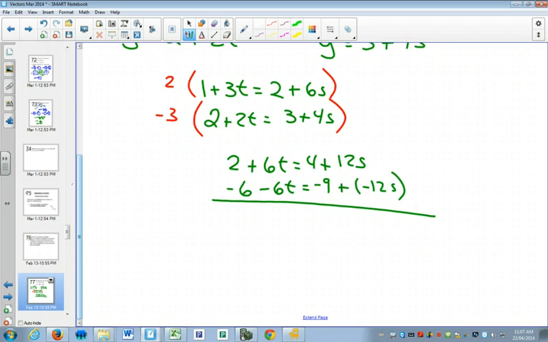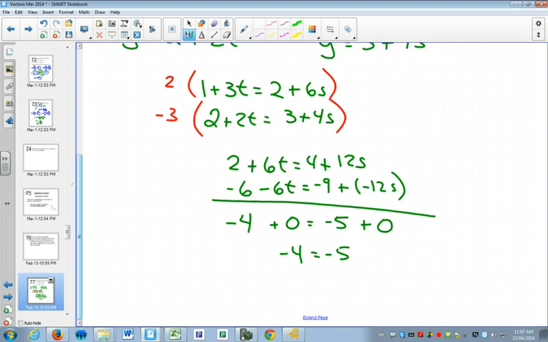Now, when we add the equations, 2 plus -6 is -4. Ooh, the t's disappear as well, because 6t minus 6t is 0, and the s's disappeared like we wanted to. And so we get a very beautiful statement that says that -4 is equal to -5. Okay, and this is where, if you were doing this question and hadn't seen these before, you would also feel like I did something wrong.